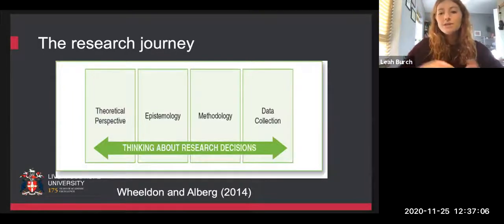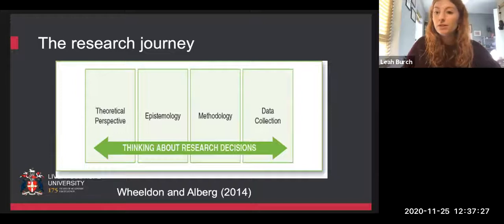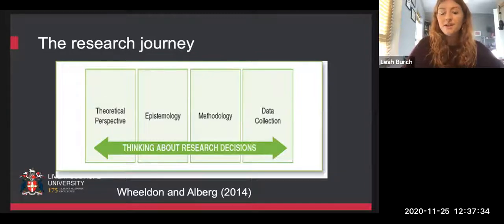So to think about the entire research journey, we need to think about what's underpinning the actual doing of research, and that is the theoretical perspective and the epistemology. So these kinds of questions about what knowledge is, how do we generate knowledge, they underpin our research decisions, because based upon what we think of as knowledge and how we think we generate that knowledge is going to inform our choice of methods and then the data that we collect.